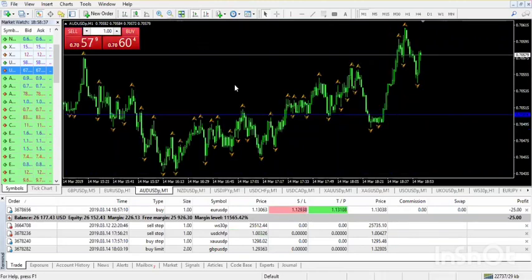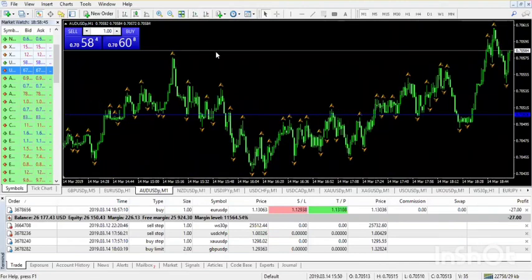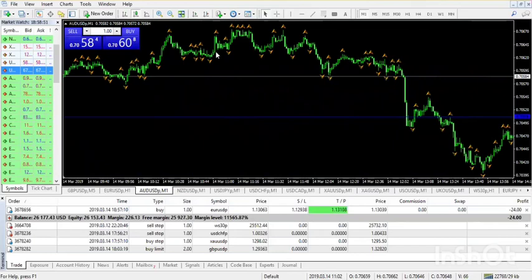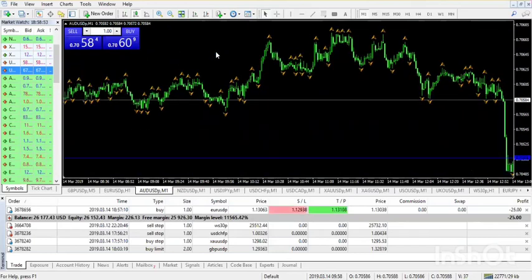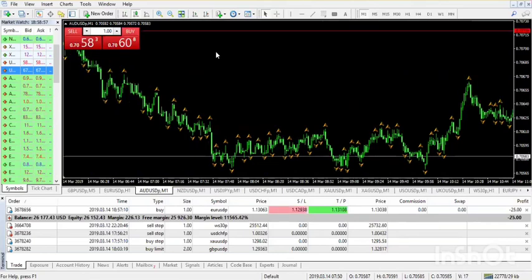The reversal candlestick looks like this. Let me see if I can find any examples. I'm trying to find it.